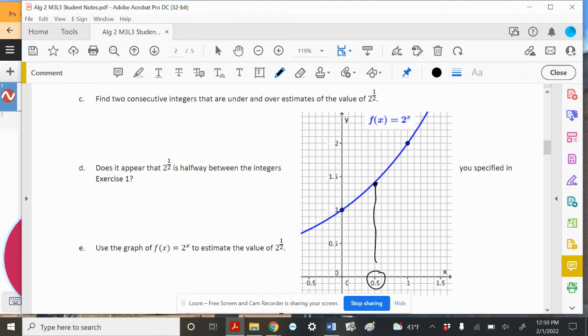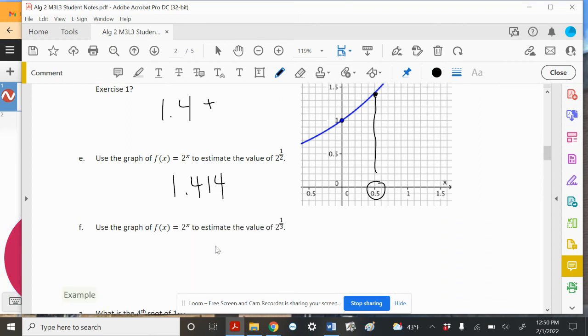It's pretty close to 1.4, just a little bit above it. So that's what we do to graph it. If you recall, when we used a calculator, when I wrote down the value, the answer is actually 1.414. So we can see that when x is 1/2, 2 to the 1/2 is about 1.4. More accurately, it's 1.414. So that's what we're looking for when we're looking at these different values.